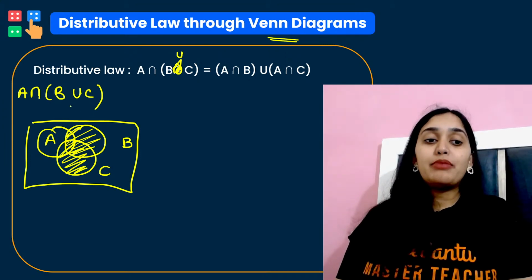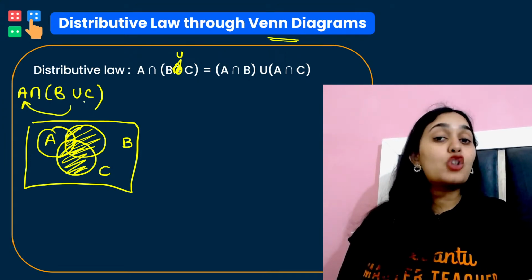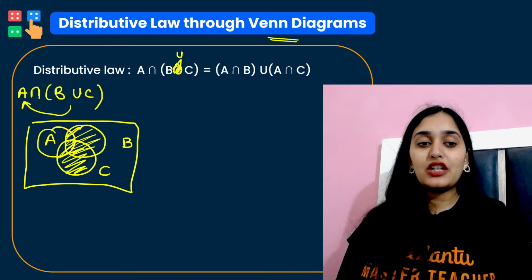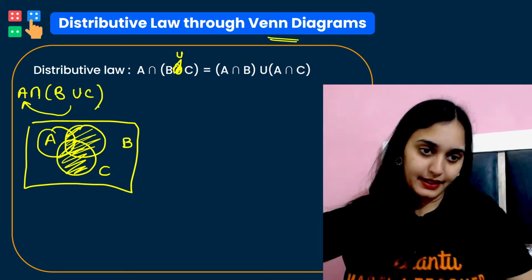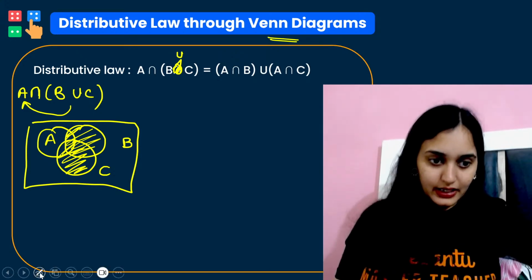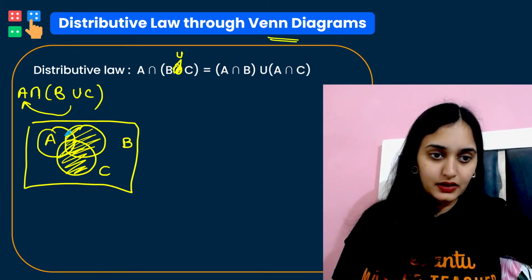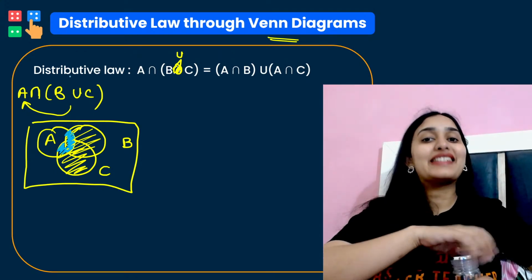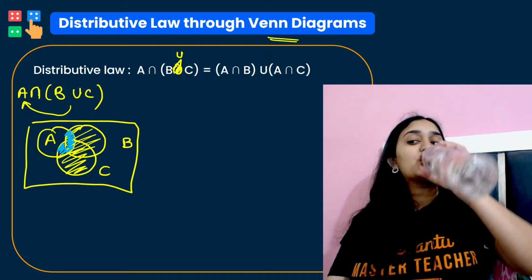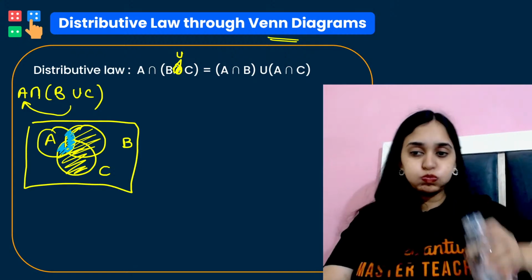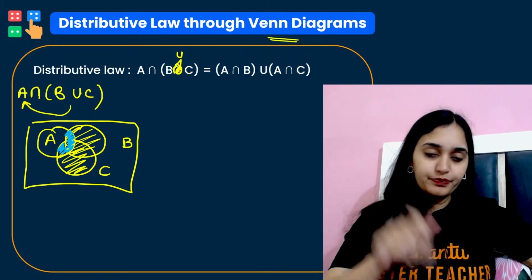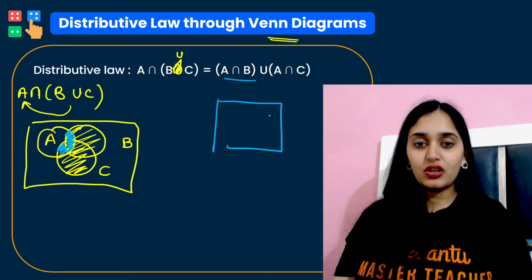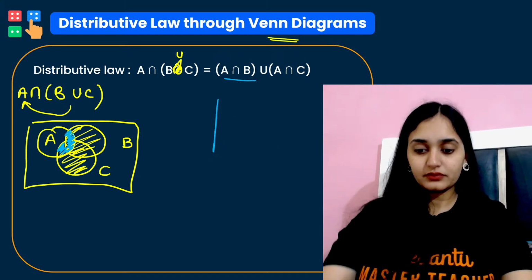Then what is common between B union C and A? You will have this part. Let me use a different color for that. This is common between A and B and C also. Now, similarly, once again, if we look at the diagram of A intersection B, let me take a bigger triangle.